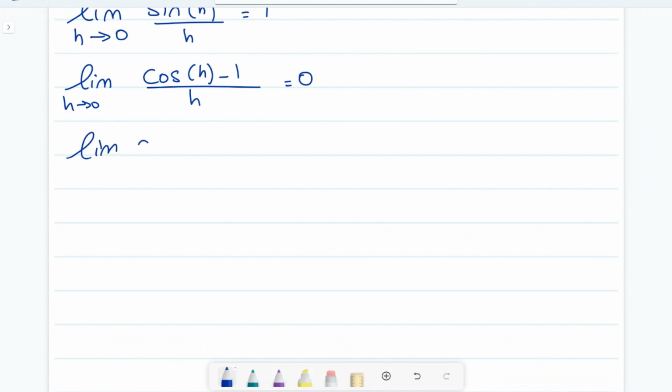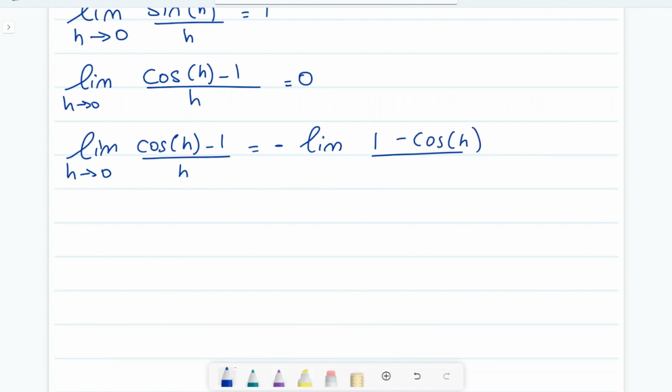Basically, the limit of cosine h minus 1 divided by h as h approaches 0, what I will do, I will take the negative of the numerator, so it becomes 1 minus cosine h, and I put a negative sign outside, so nothing basically changed. So 1 minus cosine h divided by h.